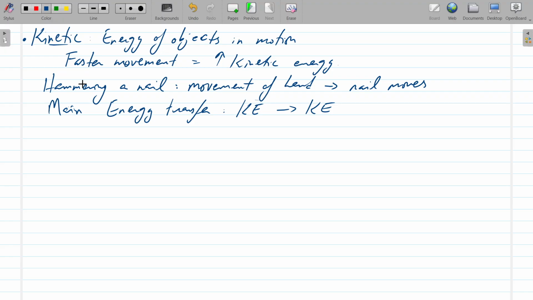Then you've got gravitational potential energy. And so this is the energy that an object possesses based on its position above the earth.